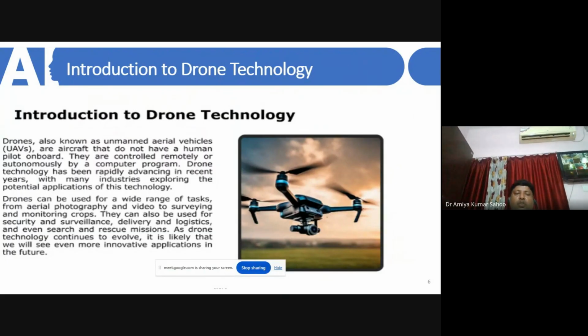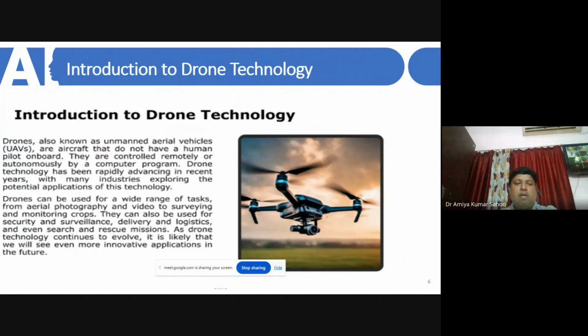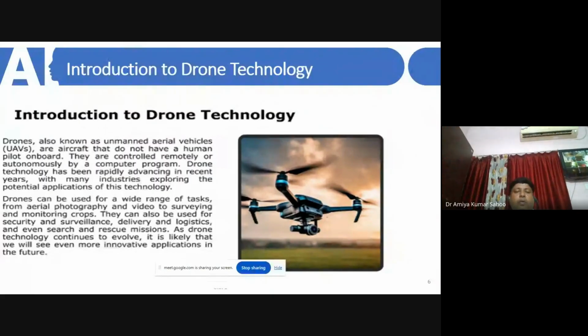Drones can be used for a wide range of tasks, from aerial photography and video to surveying and monitoring different crops. They can also be used for security and surveillance, delivery and logistics, and even search and rescue missions.